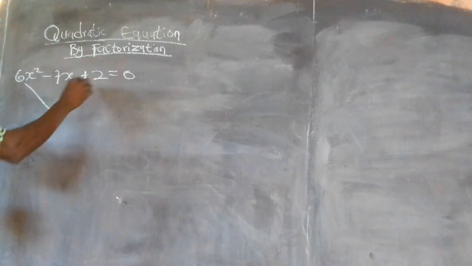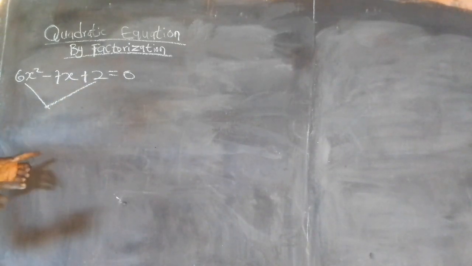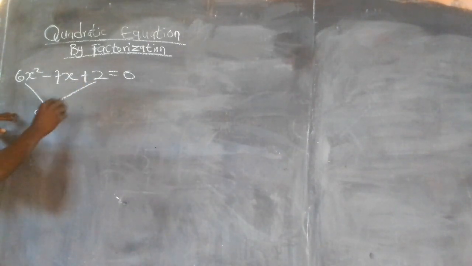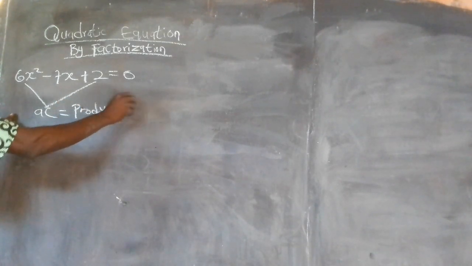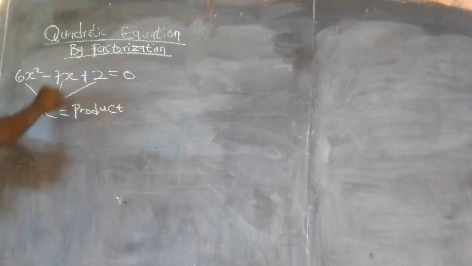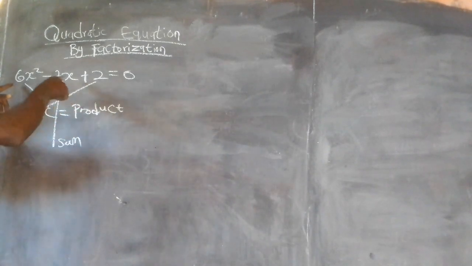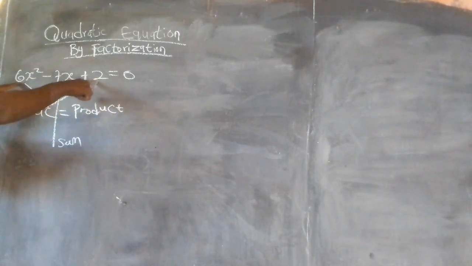Simply, we have the product and then we also have the sum. You multiply A and C together, and this will give you the product. And then your B will give you the sum. So you multiply the A and your C together.